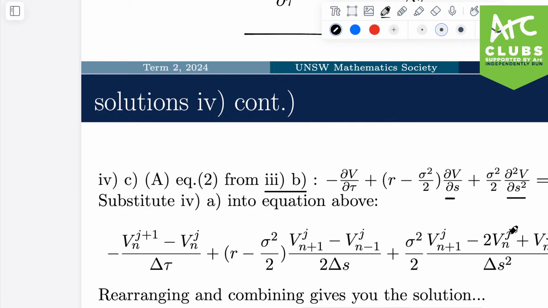You just want to make sure you have enough time in the final to actually do this, because it is quite long. And I think part D is the initial condition. So this is the initial condition, and these two are the boundary conditions. Again, it's just a continuation from the previous part.